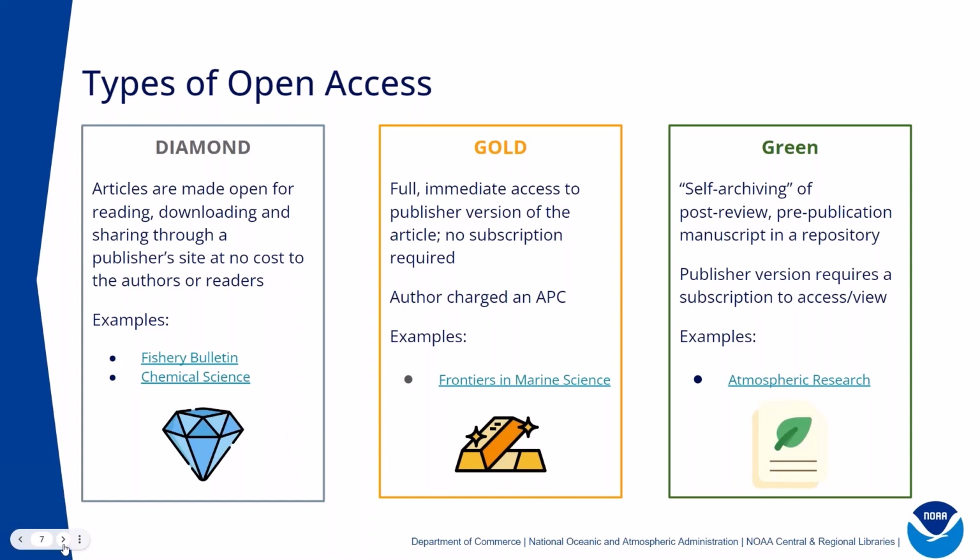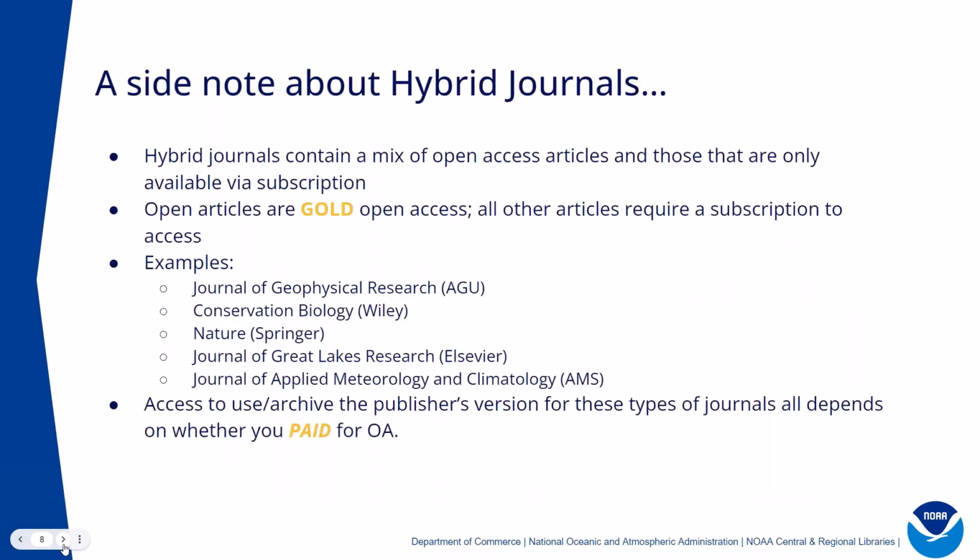However, to access the publisher's version, you would still have to have a subscription to that journal, right? There are a number of examples where this would be applicable, but one that I have here is Atmospheric Research. So these are the main 3 types or flavors of open access that we discuss.